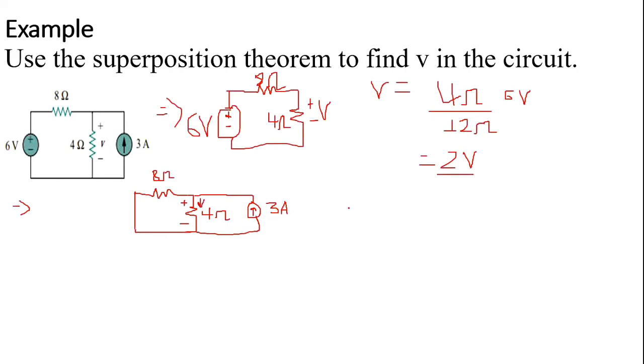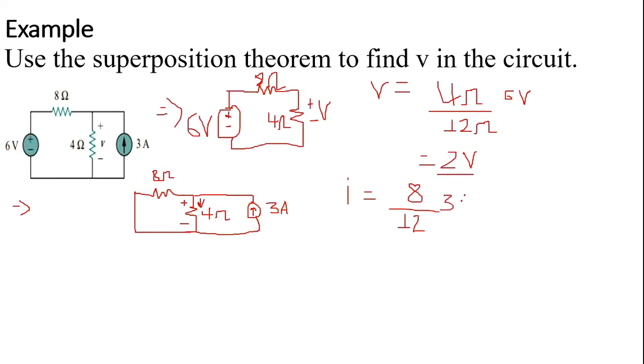To find the current flowing through the 4 ohm resistance, symbolized as I, it can be calculated as 8 over 12 times the current source, which is 3 ampere.